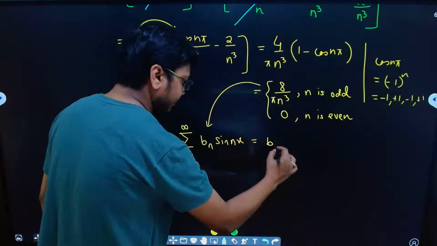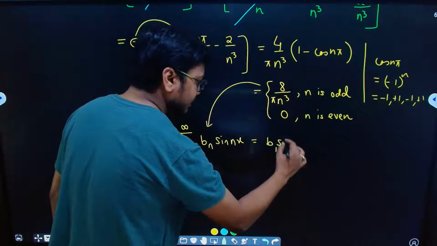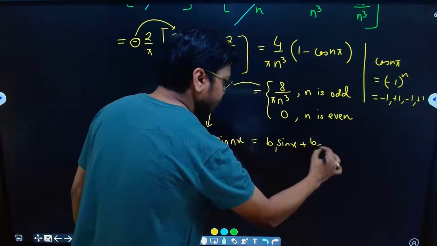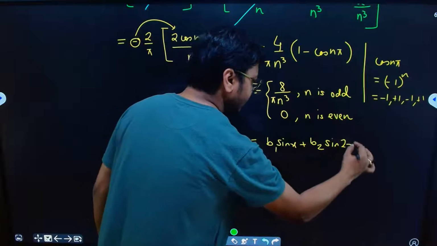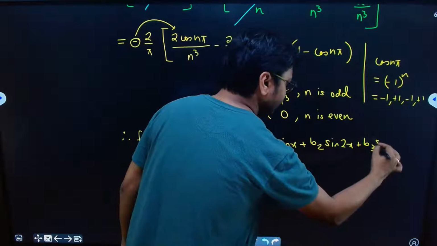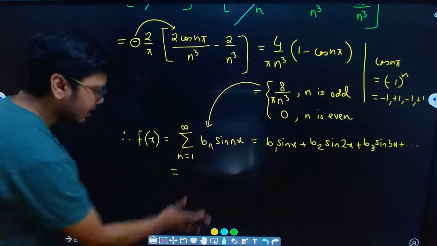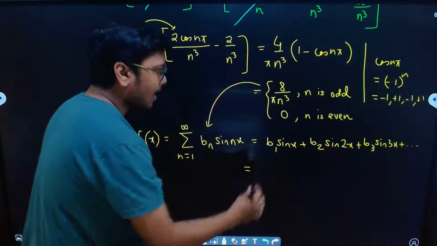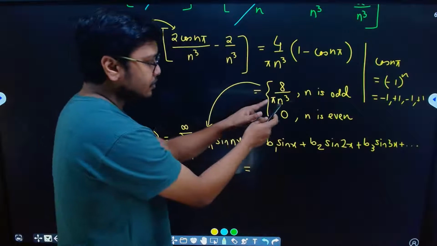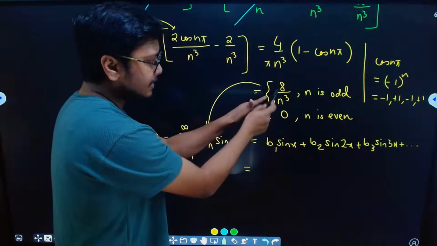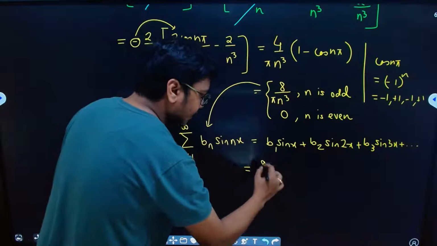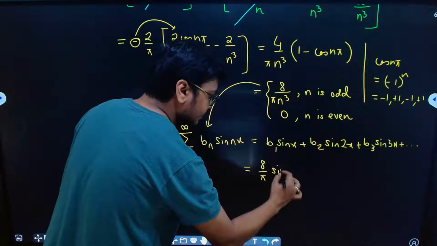I will have basically b1 sine x plus b2 sine 2x plus b3 sine 3x. Like this it goes on. Okay, and b1 value is, when n is 1, it is 8 by pi. So 8 by pi sine x.